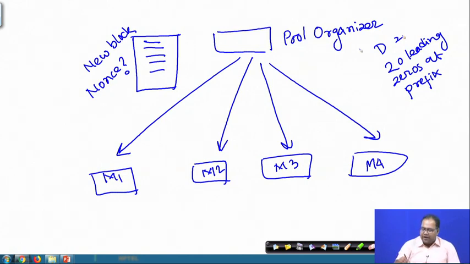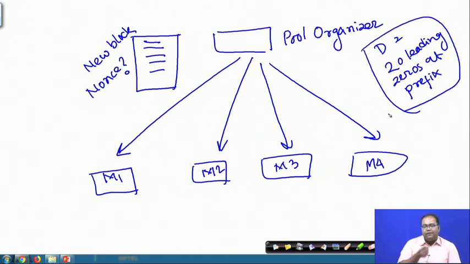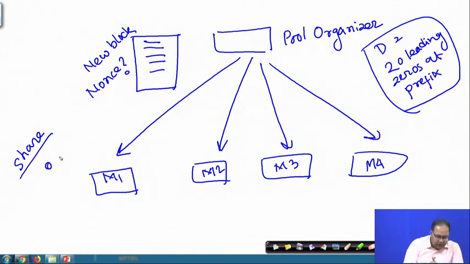Then what an individual miner can do is try to find a hash value with approximately 20 leading zeros at the prefix. So, the miners can propose something called a share. So, what is a share here? Whenever the miners are generating blocks, they can generate a hash something like 2D, 5, 6, something like that.